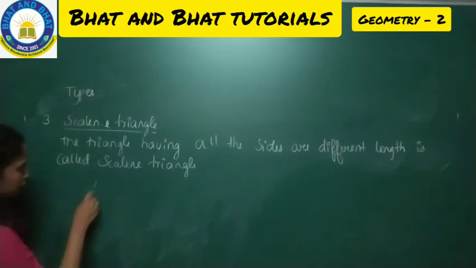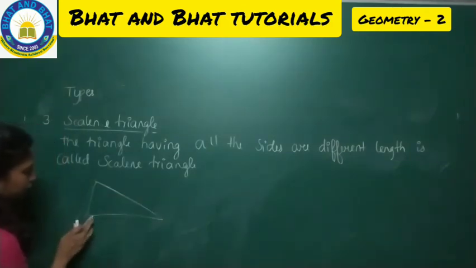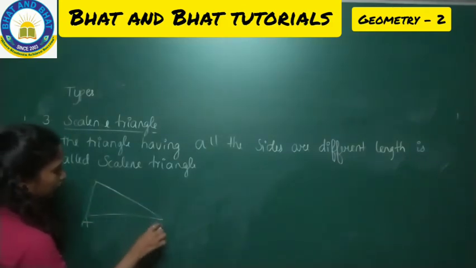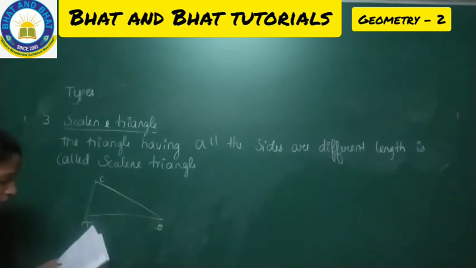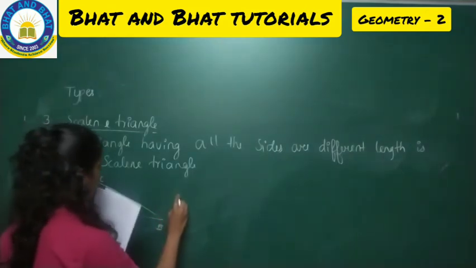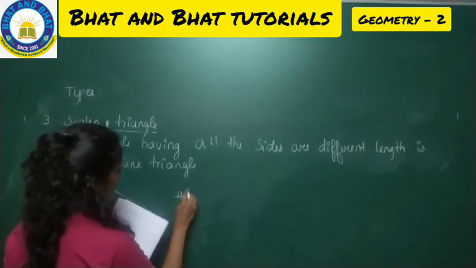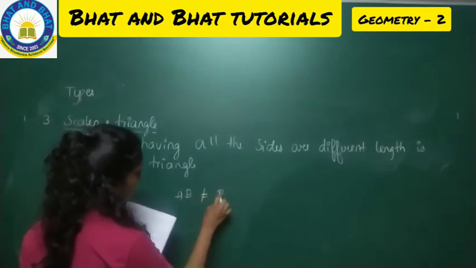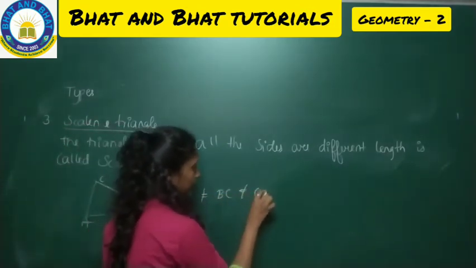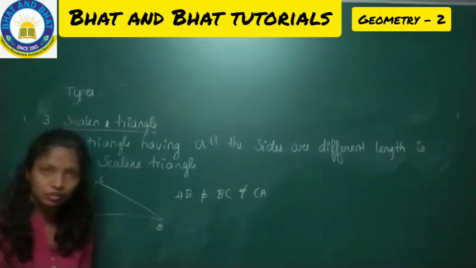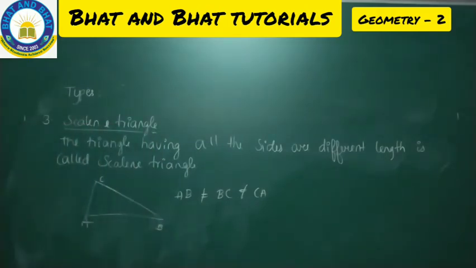So if I draw one triangle A, B and C, AB is not equal to BC and BC will not be equal to CA because all are having different lengths. Make a note. Fine, hope you all copied this.